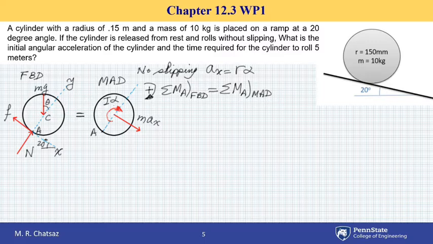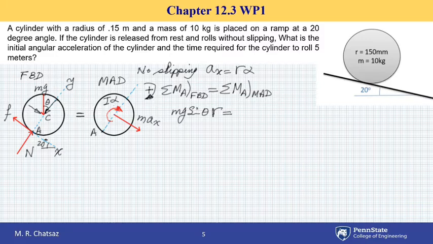Weight has two components, one in x direction, which I'm showing by this arrow, that is mg sine of theta, the other in y direction, which passes through point A. Therefore, the only force on the left side diagram which has a moment about point A is mg sine theta, and this force has a moment arm r, so I multiply this by r to have its moment about point A. So that's all I have on the left side of the equation.